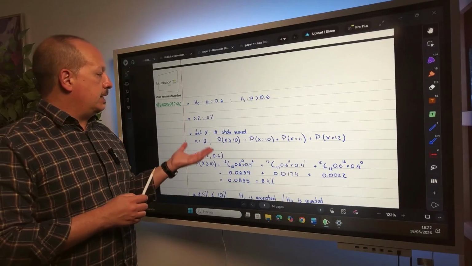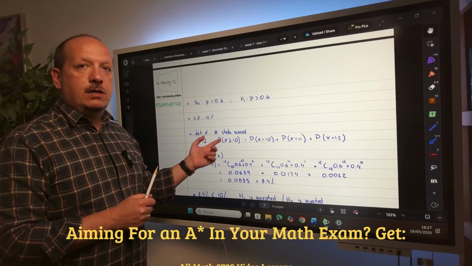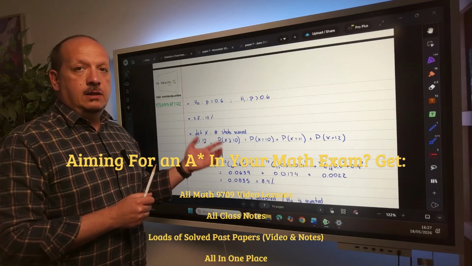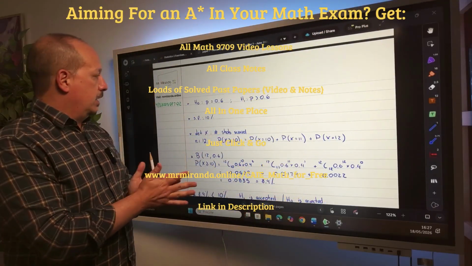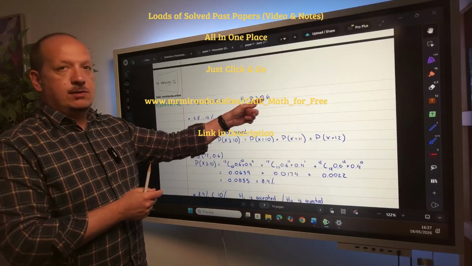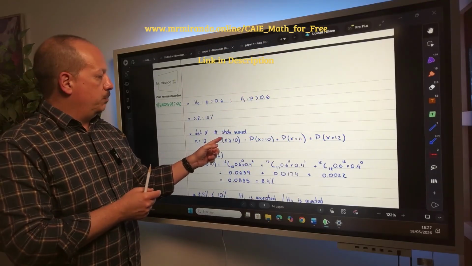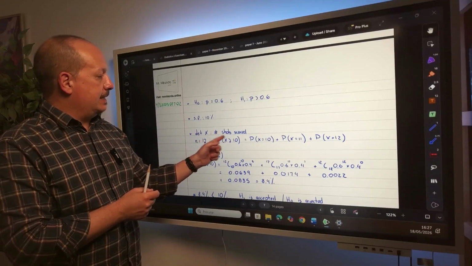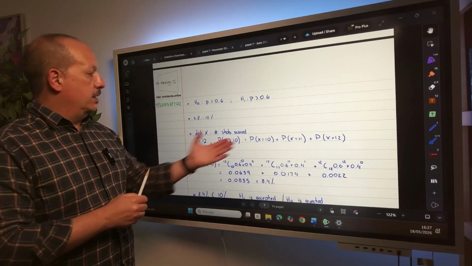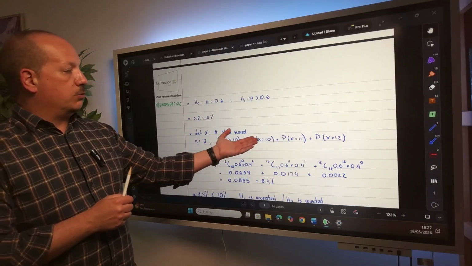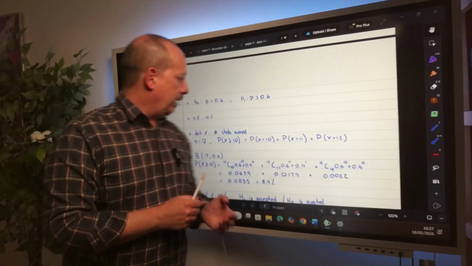You are going to test the probability that x is bigger or equal to 10. Don't forget, he scored 10. You will always have to test, because the claim is that it's bigger than 0.6, the probability that x is bigger or equal to the value that you have on the test statistic. So in this case, the probability that x equals 10, 11, or 12.